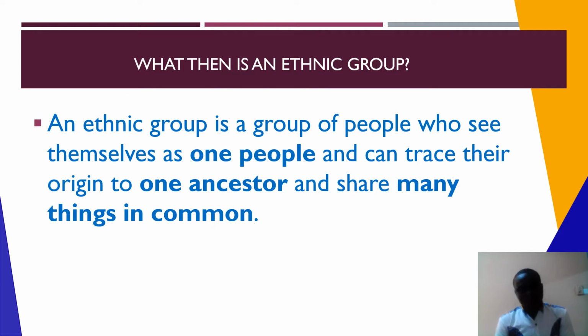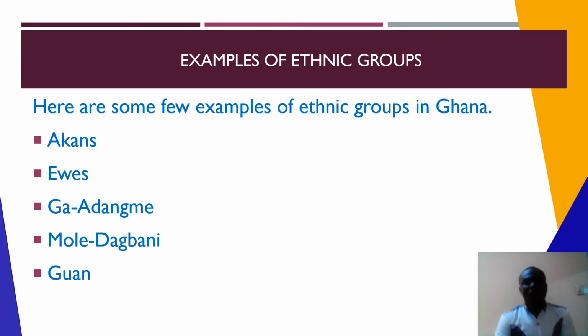They see themselves as one people who came from the same ancestor and share many things together. Some of the examples of these ethnic groups that we have in Ghana are the AKANS, the Ewes, the Gadangbe, the Mole Dagbani, and the Guans, just to mention a few of them.